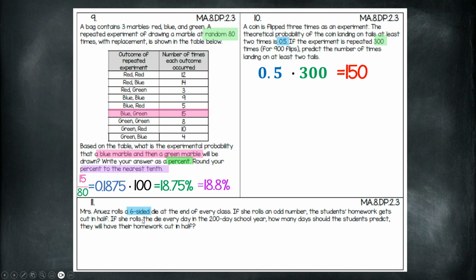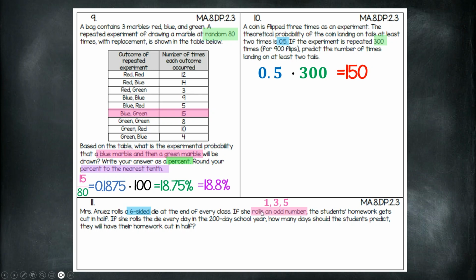All right, last question. Miss Anuez rolls a 6-sided die at the end of every class. If she rolls an odd number, the student's homework gets cut in half. If she rolls the die every day in the 200-day school year, how many times should the students predict that they will have their homework cut in half?